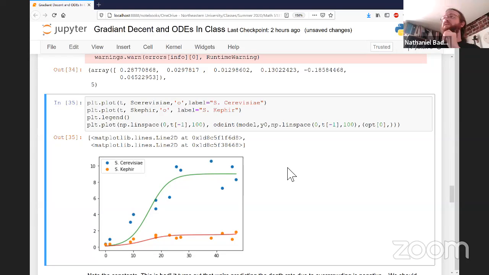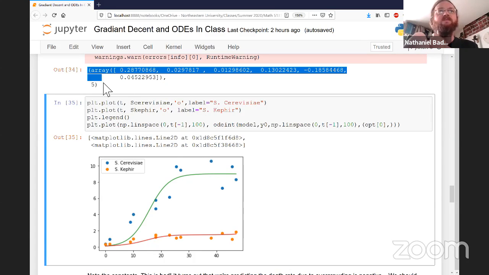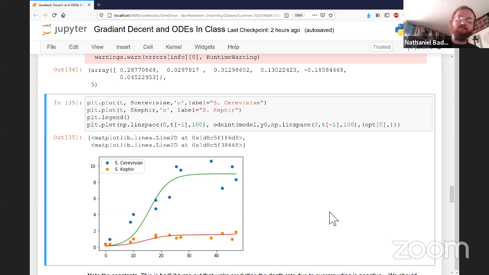But it's definitely one of these places where people can make bad mistakes if they don't actually understand their model. So what is it? What has gone wrong here? I'll give you a hint. It's either something you can see on the graph or something you can see in this array.